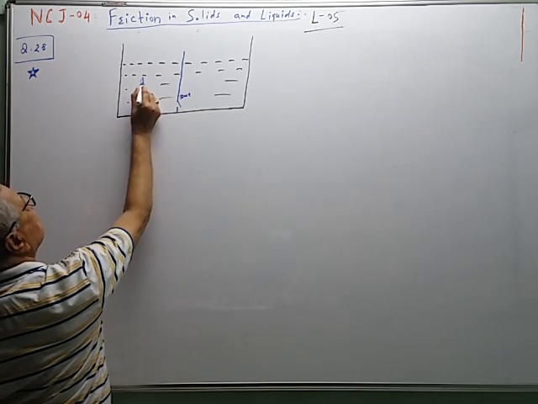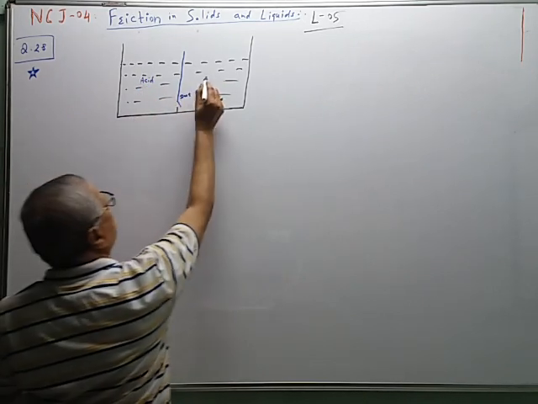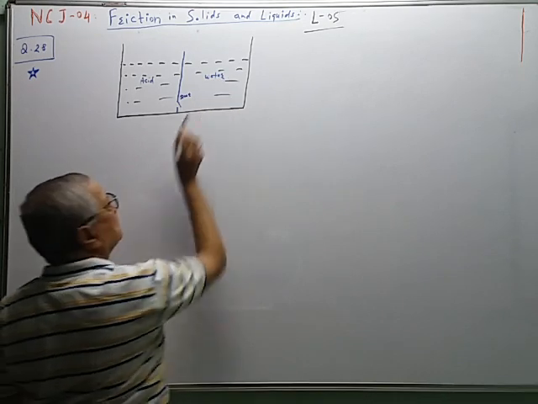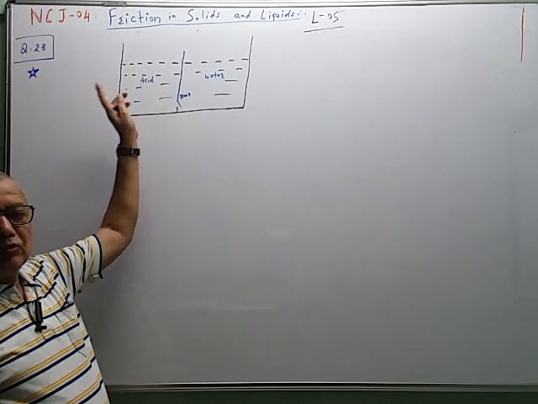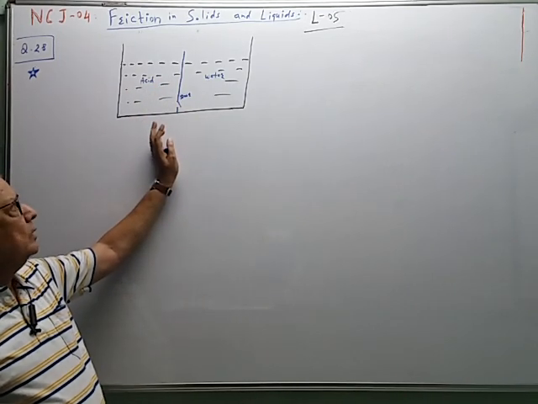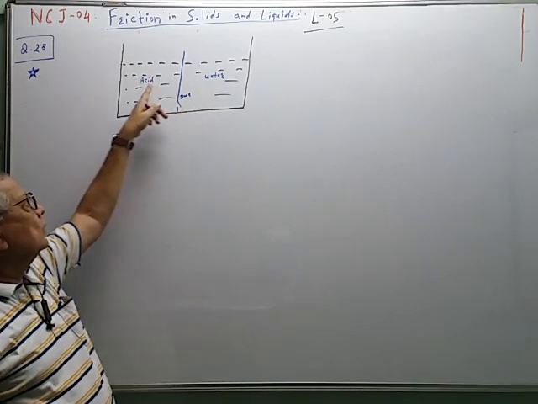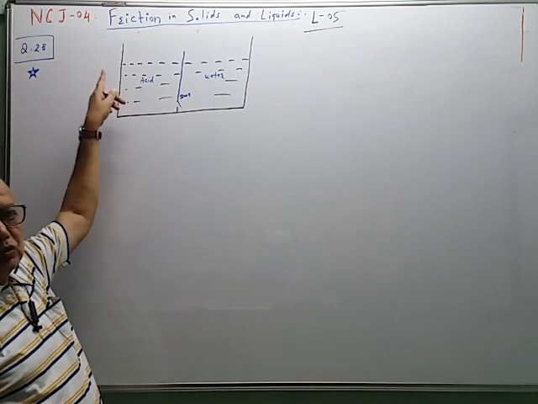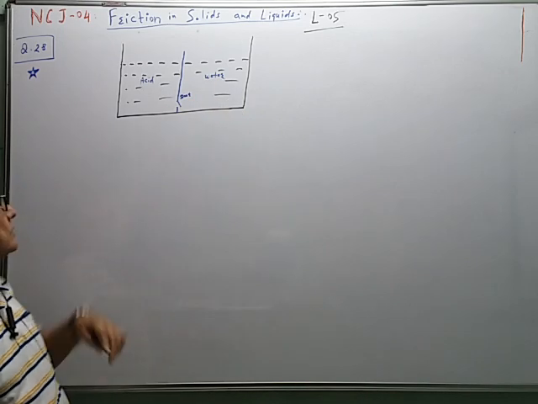So on this side there must be acid because its relative density is more than water, and on this side there is water. If on both sides there is water, then the door will remain closed permanently. If acid, the higher density liquid, is on this side, and lower density liquid is on the other, then the door will open in this direction. So door opens from higher density to lower density like this.